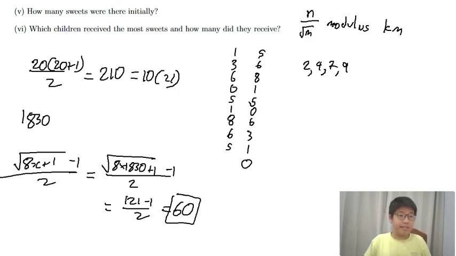Which children received the most sweets, and how many did they receive? So we need to look through the triangular residues list again. There were 3 periods of 20, which gives us 60.